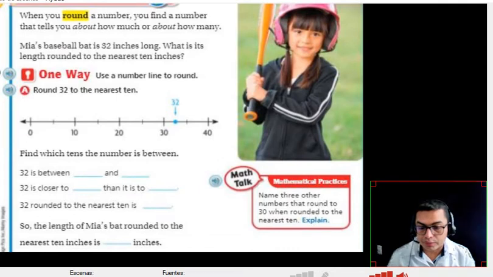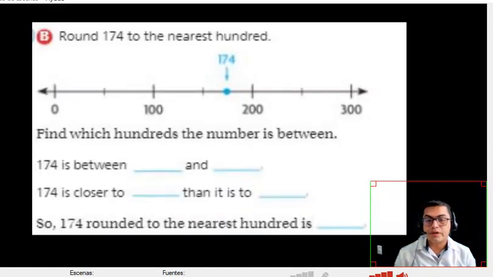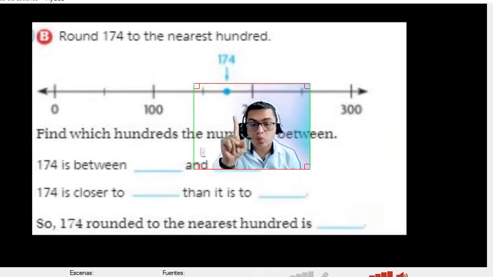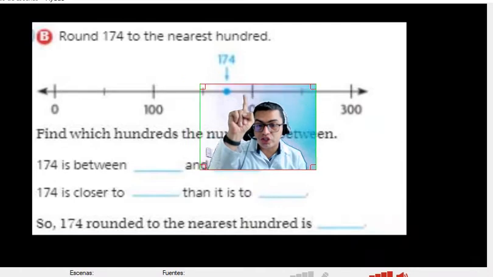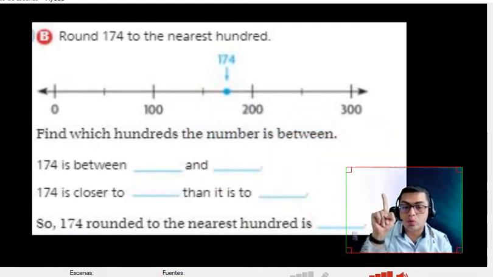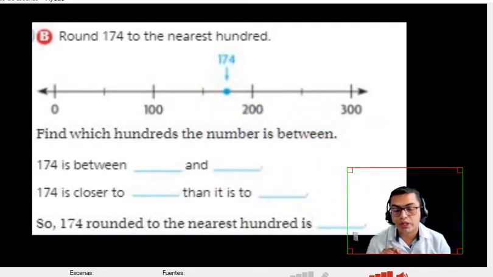Okay, next example. So, we have another example, 174 in this case. We choose that number, 174.